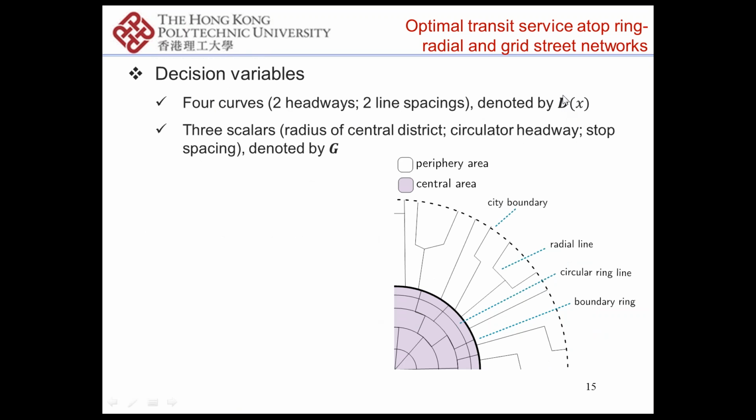Here the d is bolded because we consider it a vector. It includes 4 different functions. Okay, and the 3 scalars: the radius of the central district, the circulator headway, and the stop spacing, denoted by a vector, the bolded symbol G.